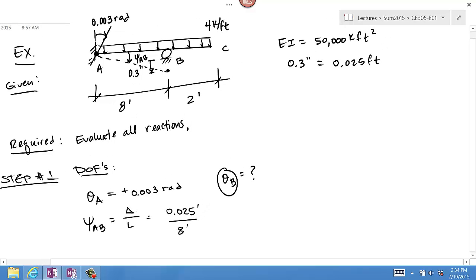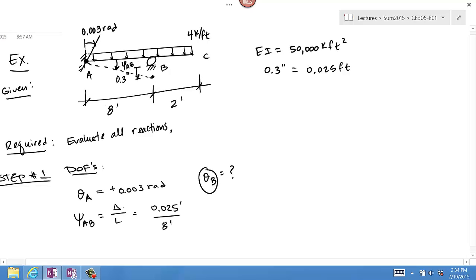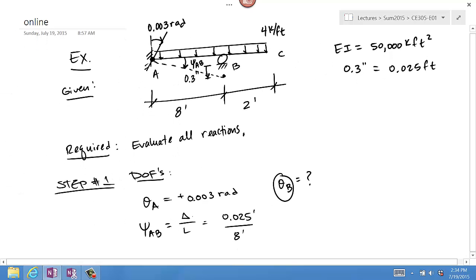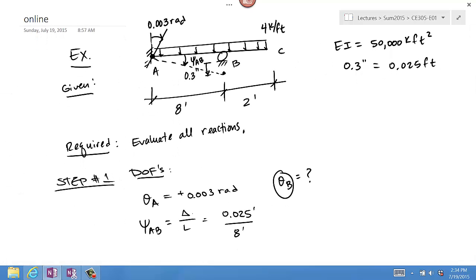Okay. Sometimes students ask me if the rotation at A has any influence on the chord rotation. And the answer is no. In the slope deflection method, the rotation at A is assigned its own unique value, theta A, which has no impact on psi AB, or the chord rotation. So there are two separate things, the rotation at a joint and the chord rotation of the span segment are independent.